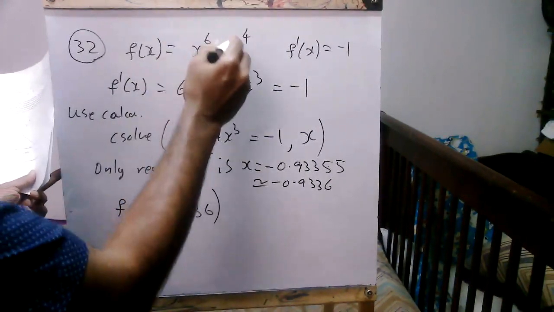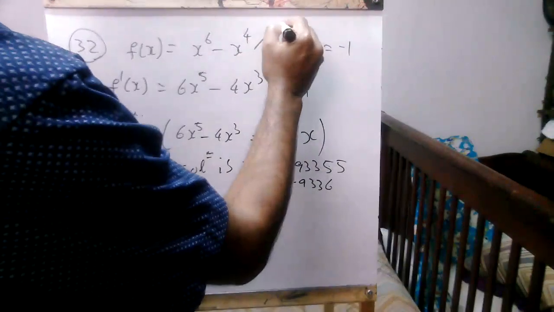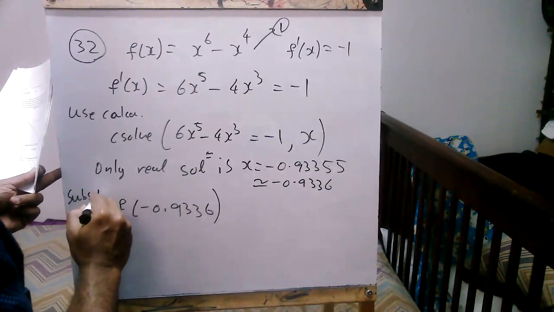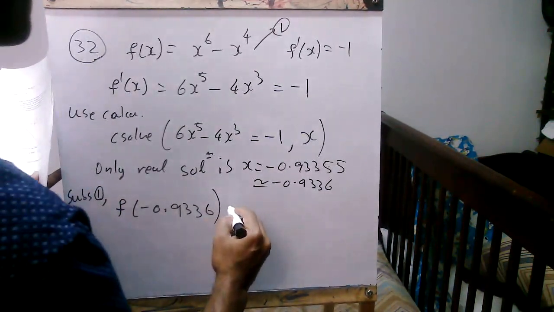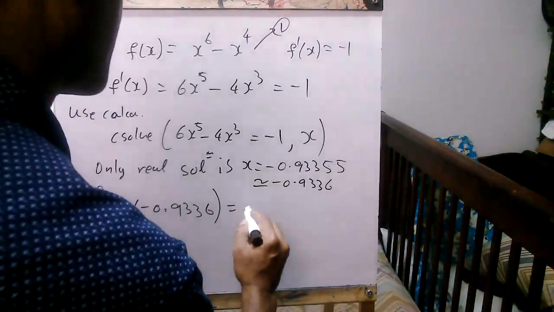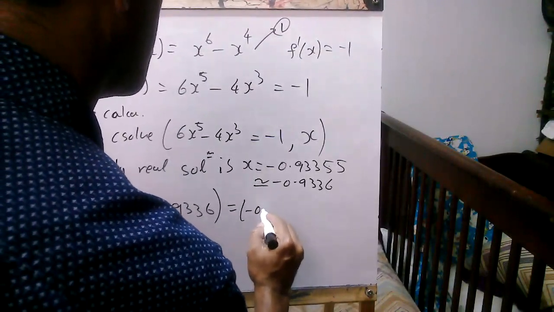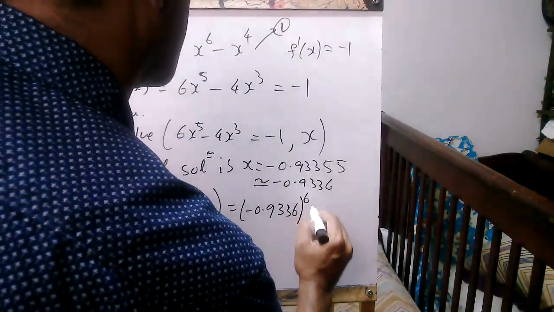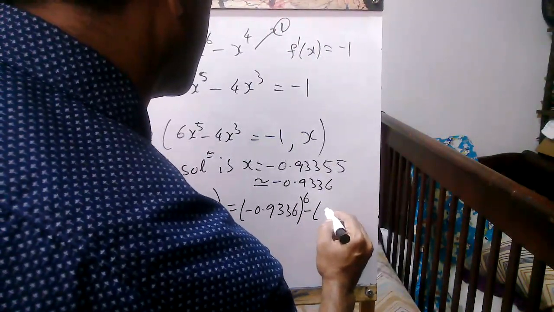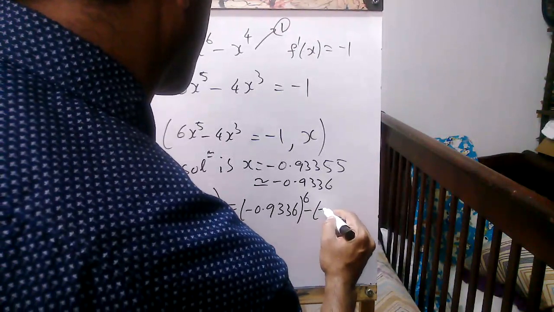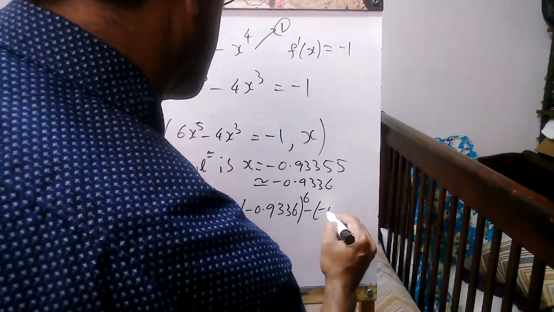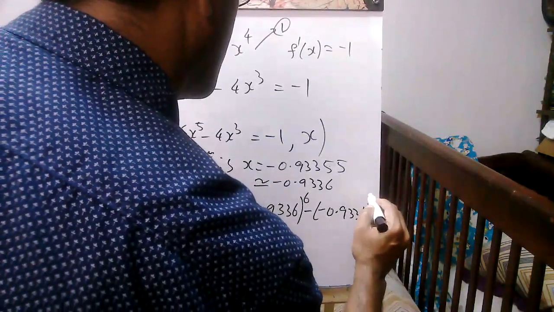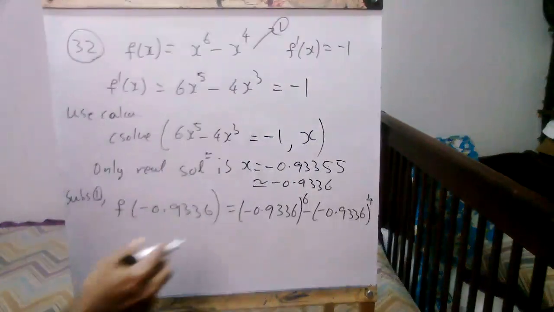Substituting in this equation, negative 0.9336 to the 6 minus negative 0.9336 to the 4, right?